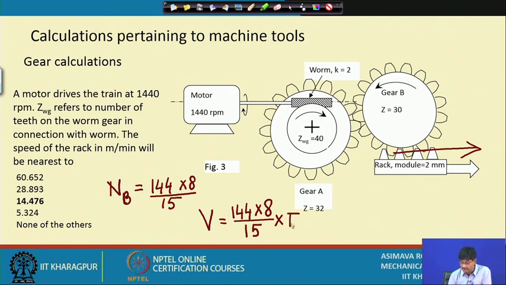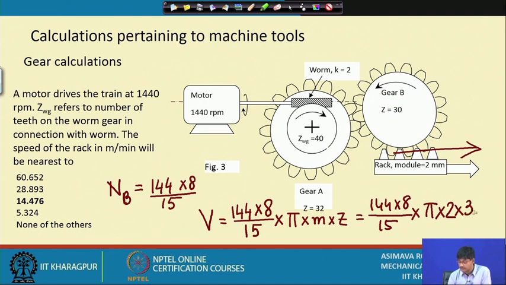Circumference is pi into d. What is d? D is equal to module into z. So, module is 2, m into z equals 144 into 8 divided by 15 into pi into 2, module is 2, into 30, that is it.